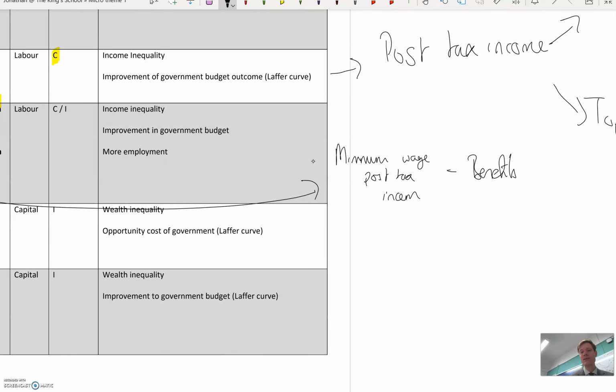The bigger the gap between those two things, the more the incentive to move from benefits into the minimum wage. What we just did before was reduce tax and therefore increase the post-tax income for those on the minimum wage. But we could reduce benefits and then force those people to go and find jobs.